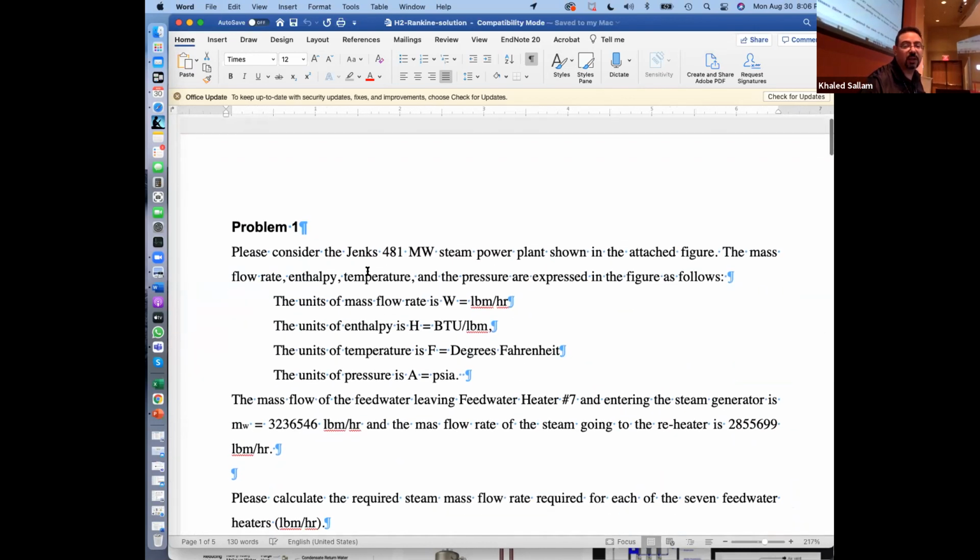So that's 481 megawatt. If I run for 1 hour a 481 megawatt power plant, how much megawatt hour will I get? 481 megawatt hour. If I have a 100 kilowatt generator running for 1 hour, how much kilowatt hour will I get?